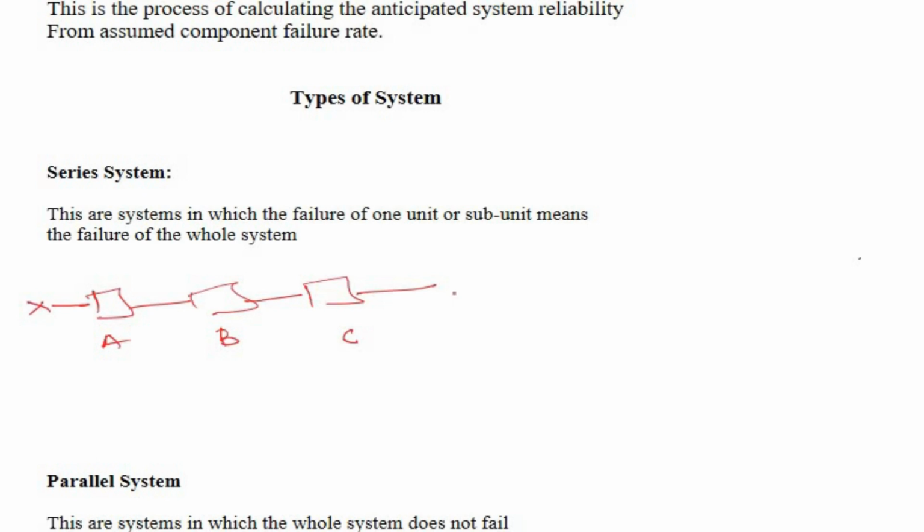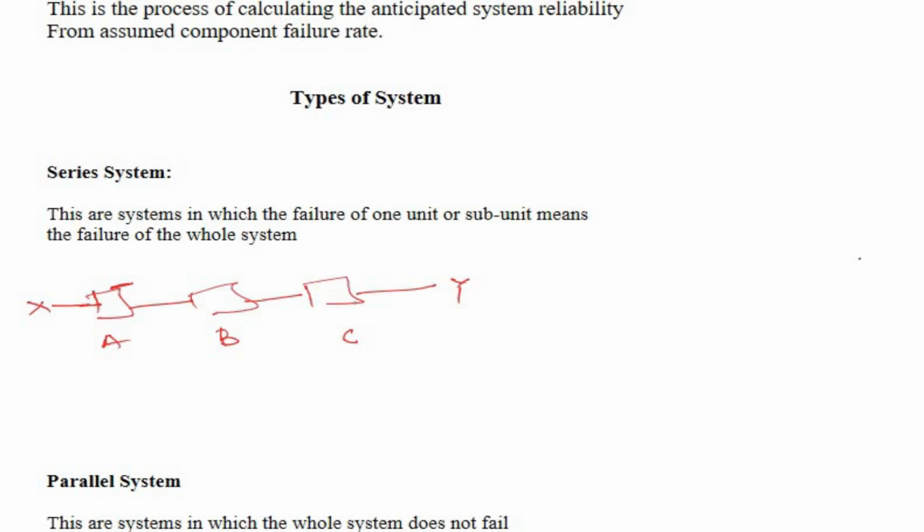So this is our input and this is our output. If any of these components should fail, the entire system will definitely fail. For example, if component A is faulty, the entire system will be faulty. If component B only is faulty, the entire system will be faulty.